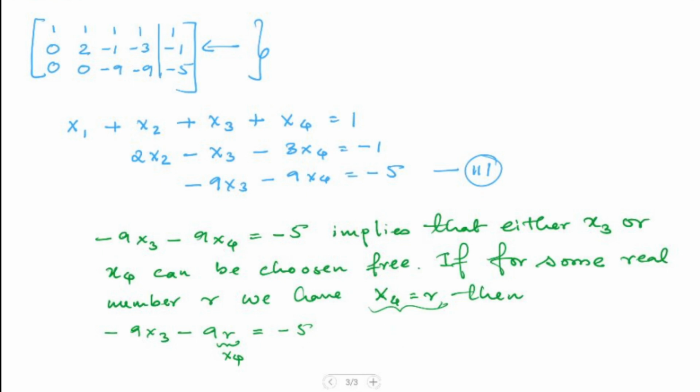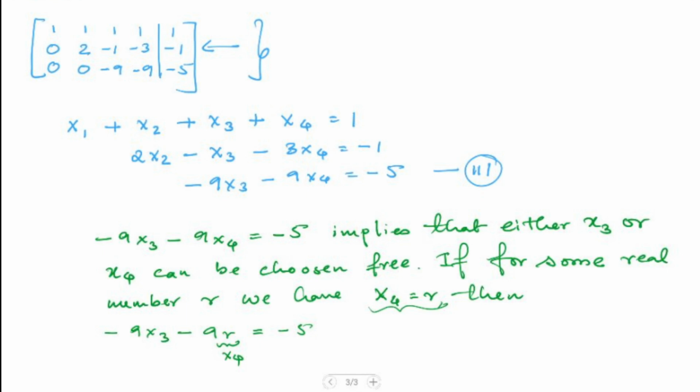Let me clear this again. For the last equation, equation 3, minus 9x3 minus 9x4 is equal to minus 5, this implies that either x3 or x4 can be chosen freely. For some real number R, the equation will look like this: minus 9x3 minus 9, and instead of x4, I've replaced it with R. You could also do the other way around.